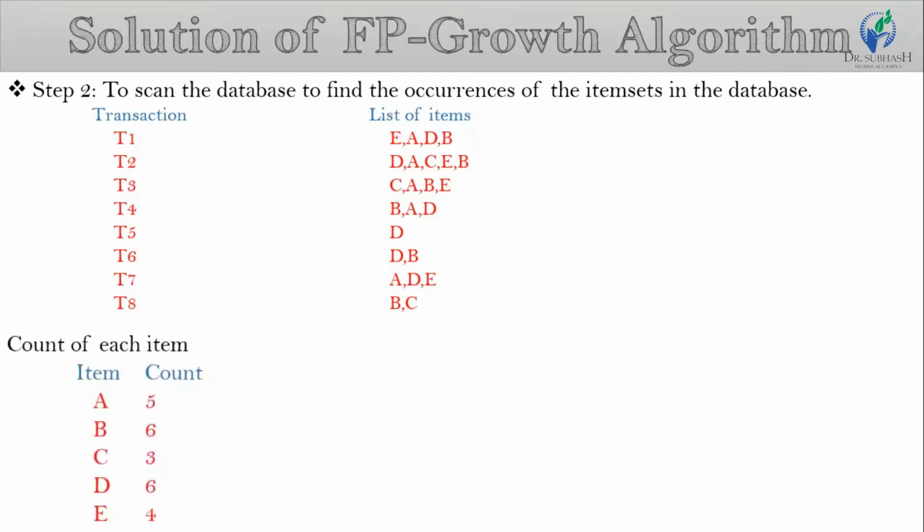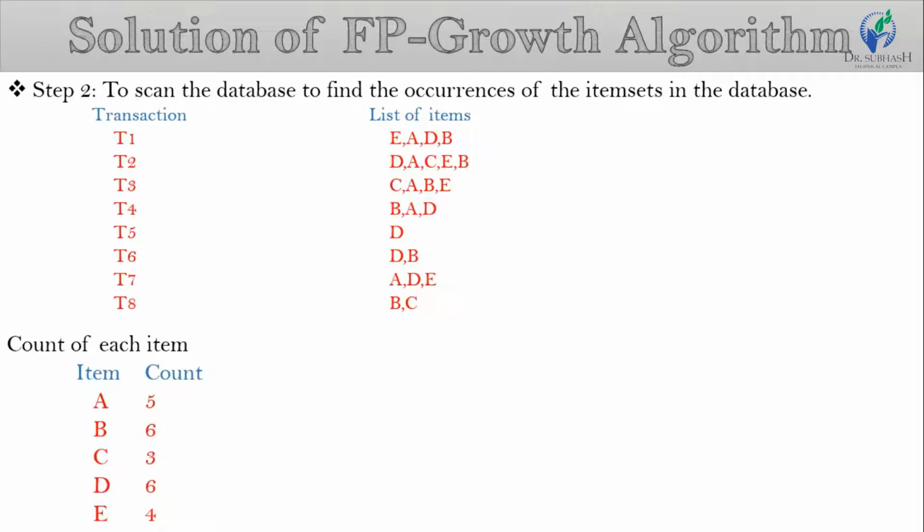A occurs 5 times in these transactions: T1, T2, T3, T4, and T7.